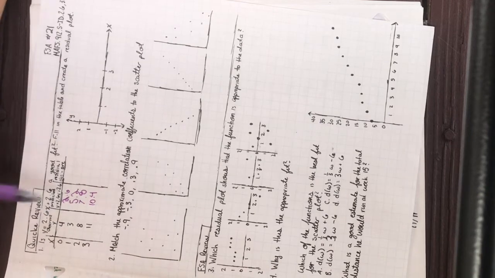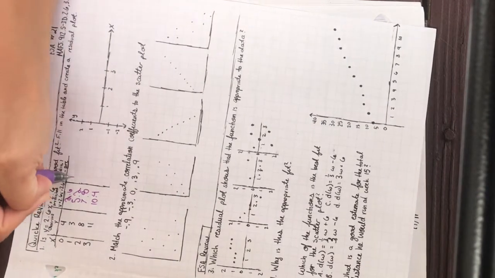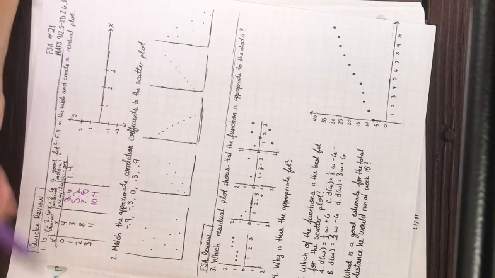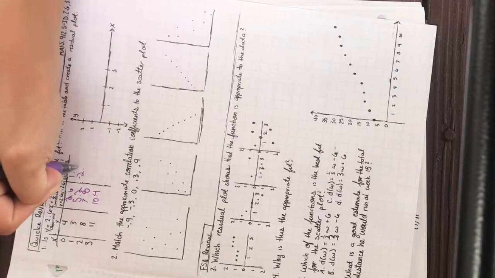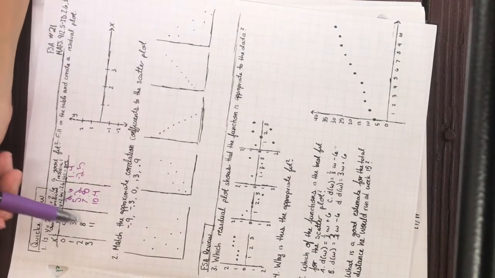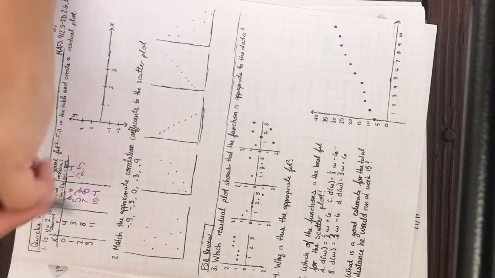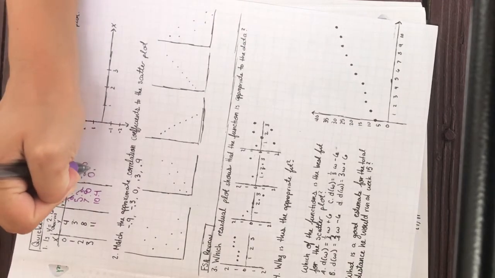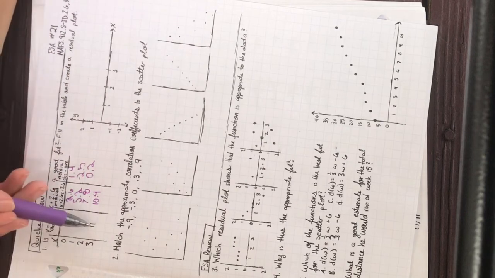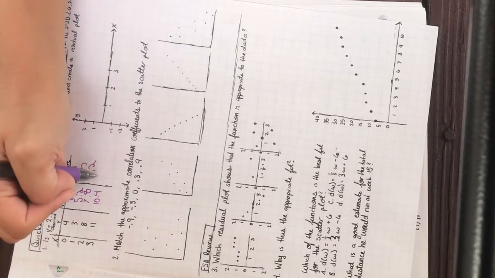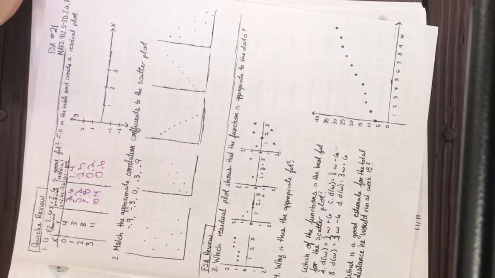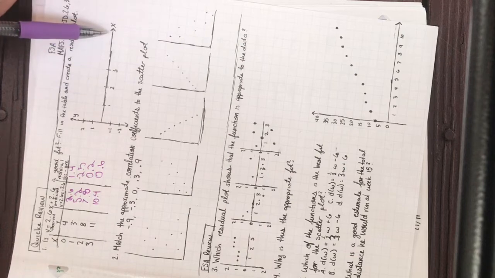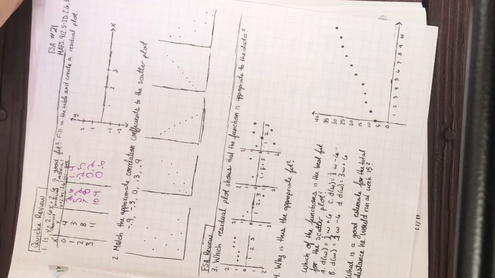So 4 minus 2.6 is 1.4. 3 minus 5.2 is negative 2.2. 8 minus 7.8 is 0.2. And 11 minus 10.4 is 0.6.